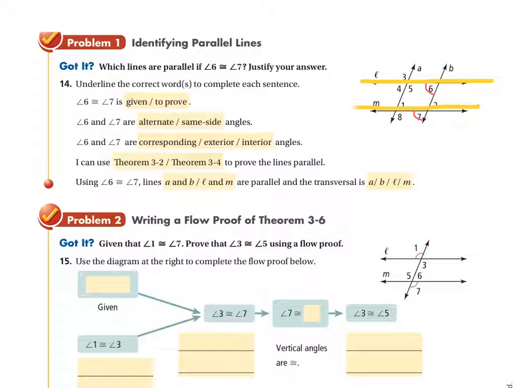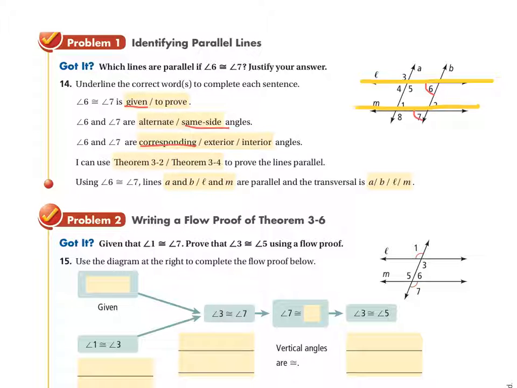Now let's answer the questions that were asked here. Underline the correct word to complete the sentence. Angle 6 is congruent to angle 7. Well, that's given. Angle 6 and angle 7 are on the same side. Angle 6 and angle 7 are corresponding angles.